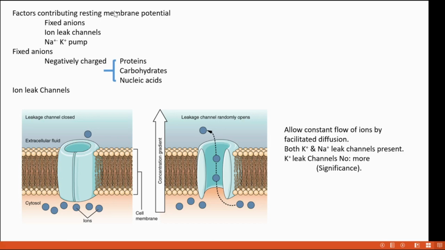Factors contributing to the resting membrane potential. Which are the factors that help to maintain this minus 75 millivolt always constant whenever the membrane is not excited? First one, presence of certain fixed anions, presence of ion leak channels, and also the presence of sodium potassium pump that we already learned.